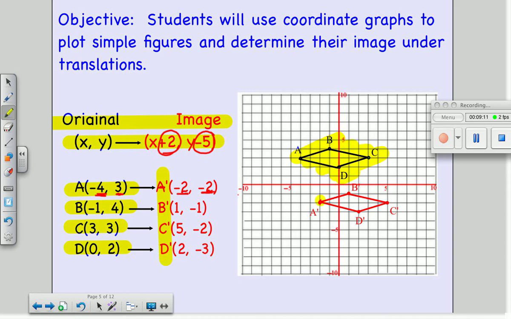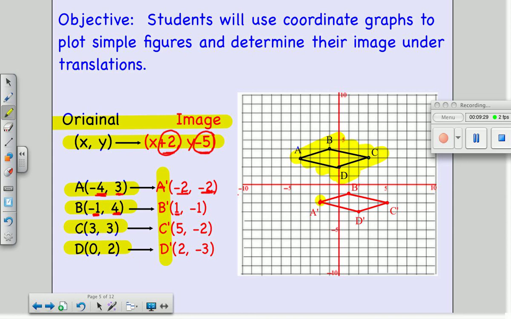Now let's do B. B is at -1, 4. For -1, let's add 2. -1 plus 2 is 1. And for 4, we're going to subtract 5 because that's what it told us to do. Those were the directions.